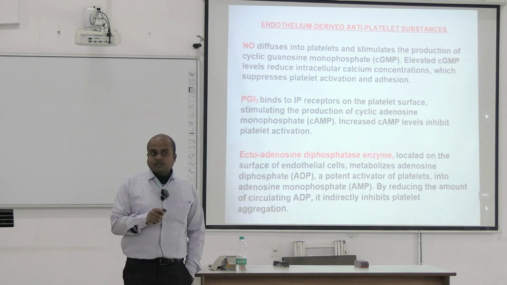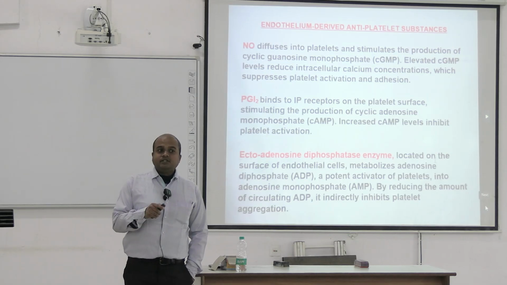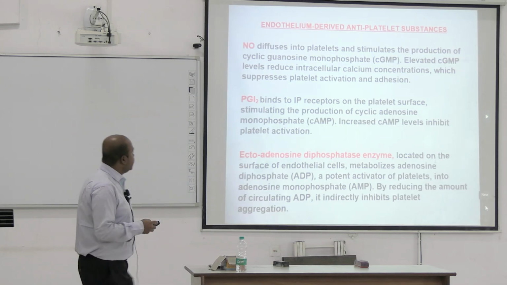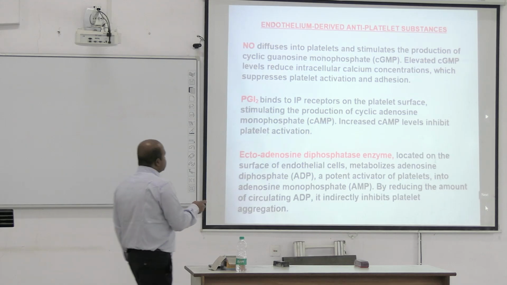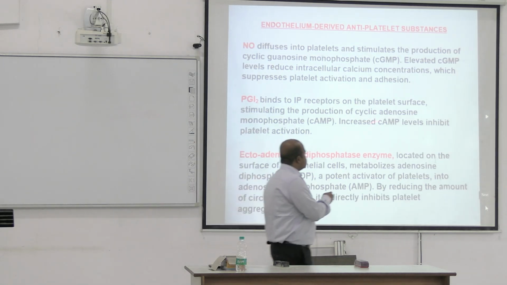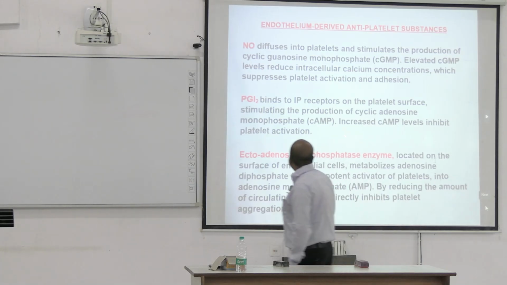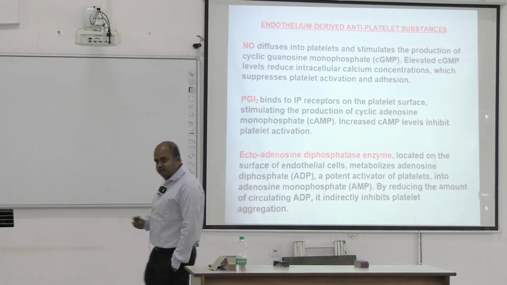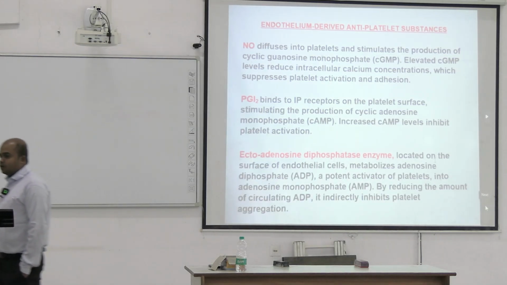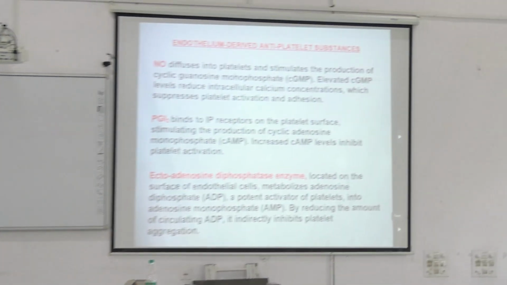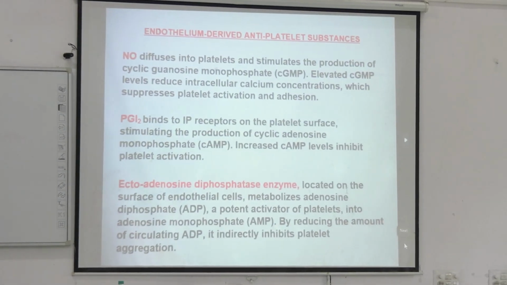Prostacyclin is a prostaglandin named PGI2. PGI2 binds to its receptors and induces cAMP, cyclic adenosine monophosphate. Increased cAMP levels inhibit platelet activation. So one is nitric oxide, one is prostacyclin.